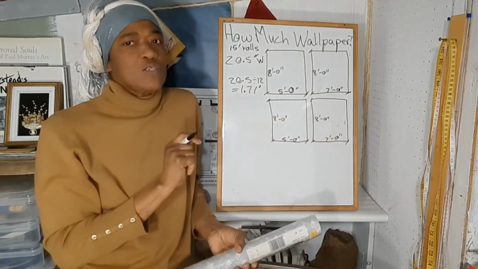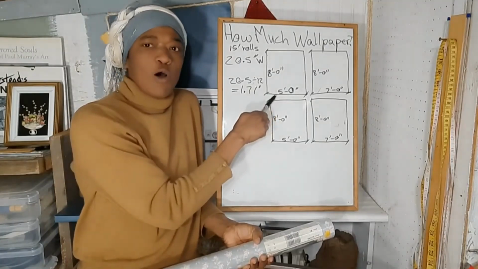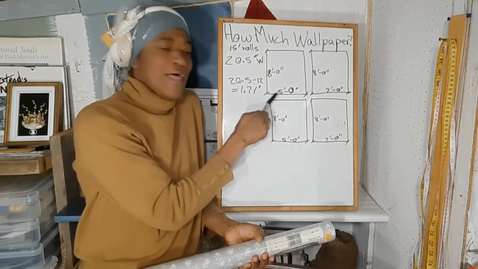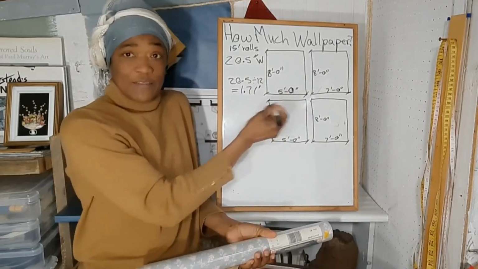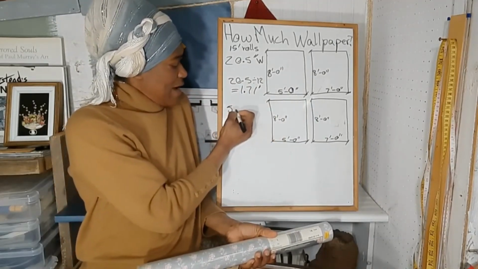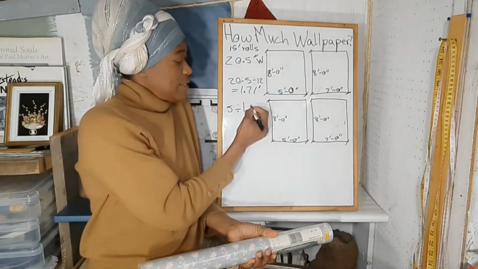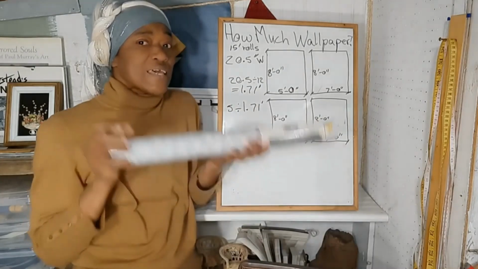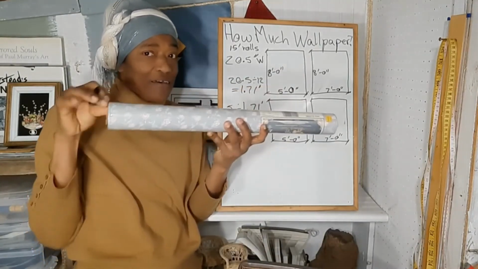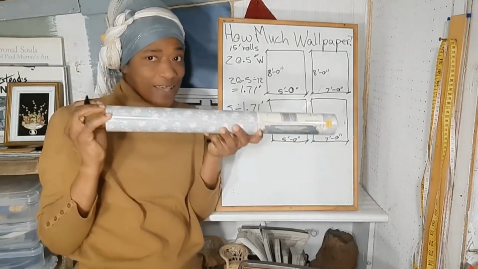So the next thing we do is look at how many widths of wallpaper we need for a wall that's 5 feet wide. Therefore, we take the 5 and we divide the 5 by 1.71 feet, because the width of the wallpaper is 1.71.